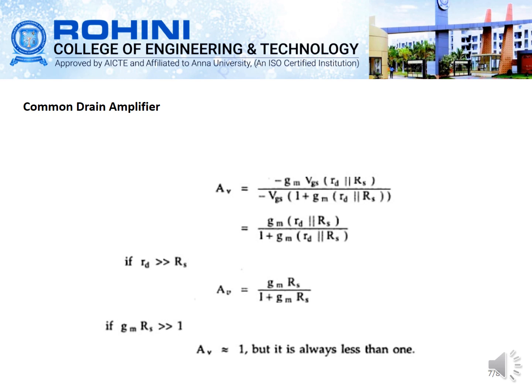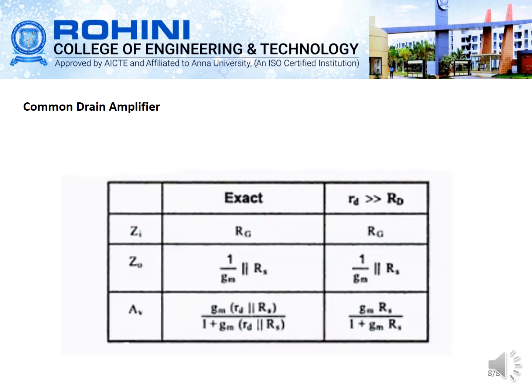In case the drain resistance Rd is much greater than the source resistance, you can neglect that term, so you get Av is equal to Gm into Rs divided by 1 plus Gm into Rs. If Gm into Rs is much greater than 1, then Av is equal to 1, but it is always less than 1. So the exact input impedance is Rg, and if Rd is large, it is also Rg.